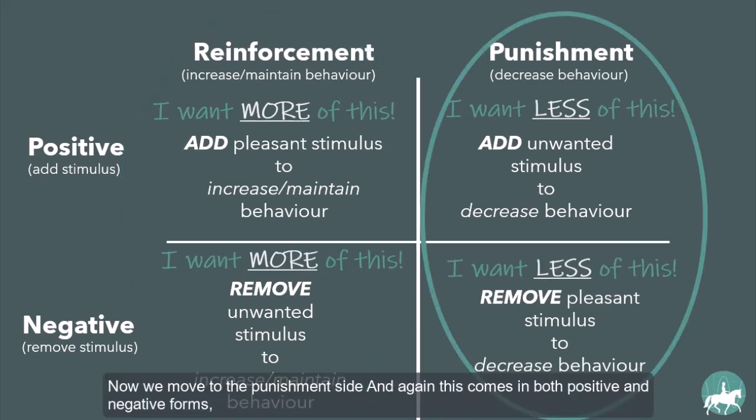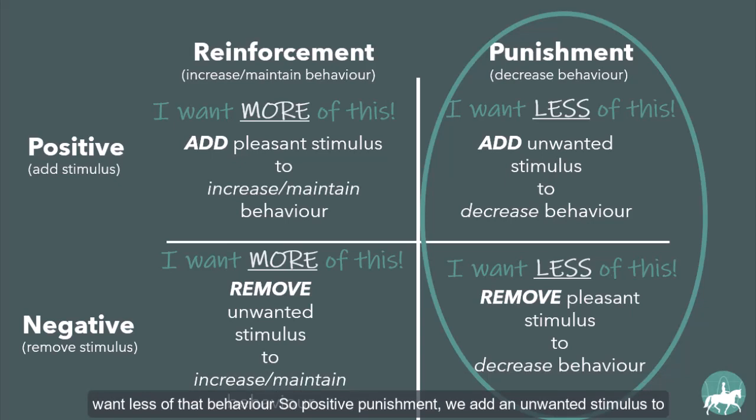Now we move to the punishment side. And again, this comes in both positive and negative forms. But with punishment, we're looking to decrease a behavior. So whenever we punish a behavior, we want less of that behavior. So positive punishment, we add an unwanted stimulus to decrease the likelihood that that horse is going to perform that behavior again.